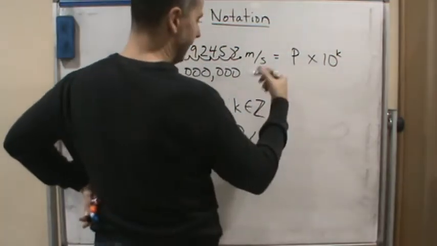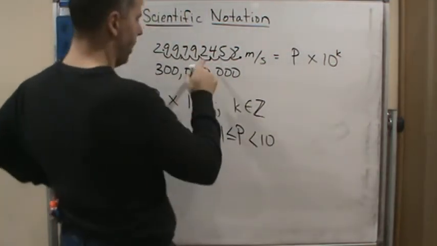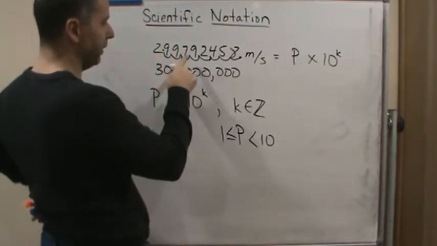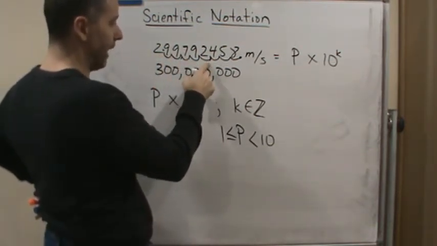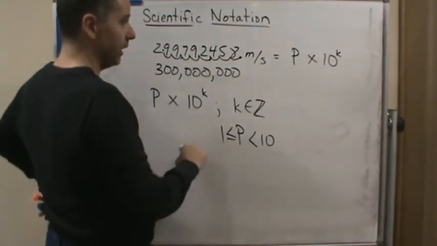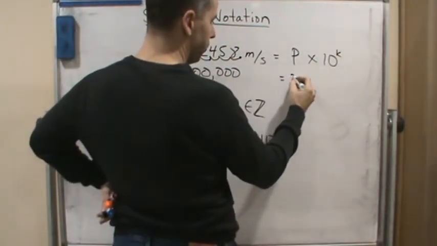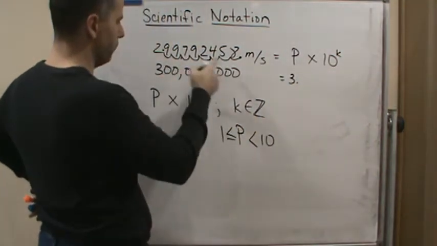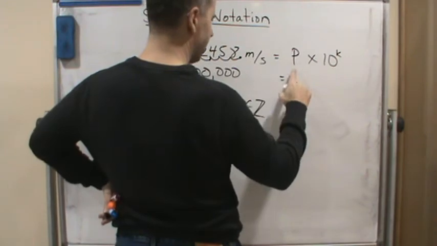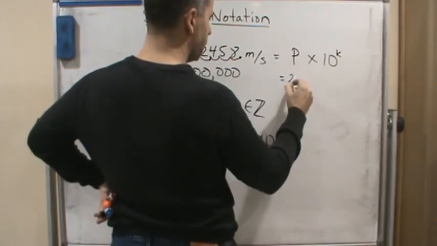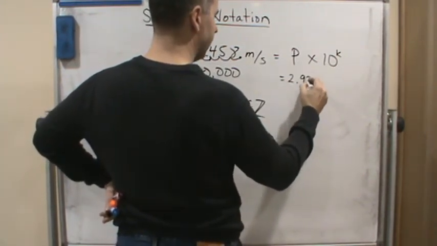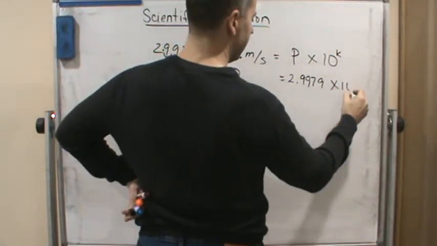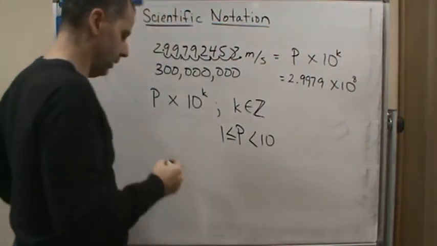So that gives me my scientific notation. 299,792,458 can be written as, let's round it to 4 decimal places, 2.9979 times 10 to the 8th.